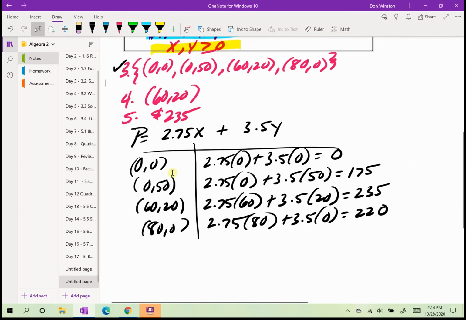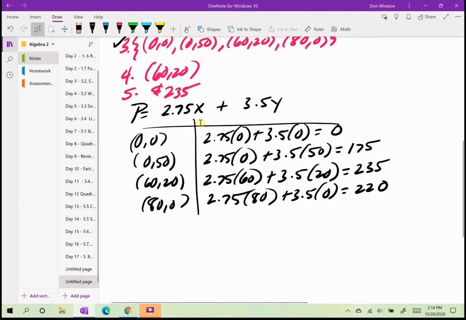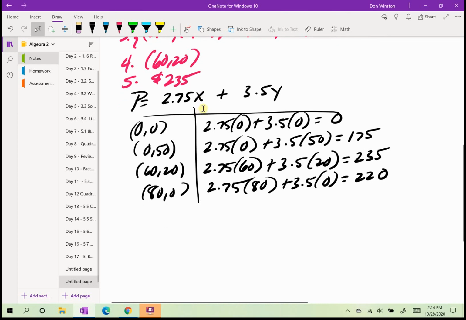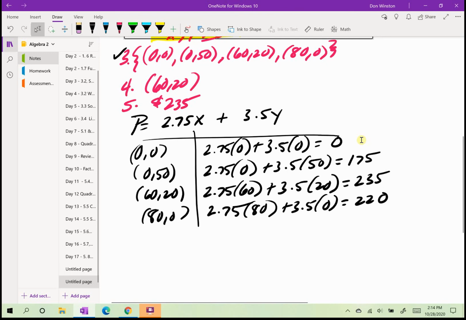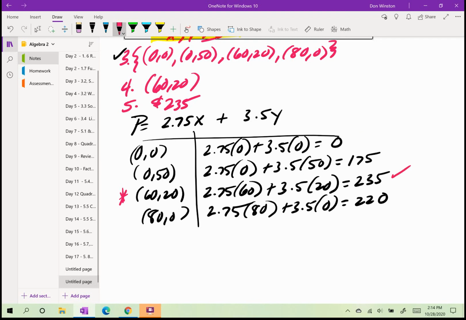If I use the corner points 0, 0; 0, 50; 60, 20; 80, 0, and substitute each x and y into my equation, 2.75x plus 3.5y, the largest value I get happens when the number of hot dogs sold is 60 and the number of hamburgers sold is 20. And she'll have $235.